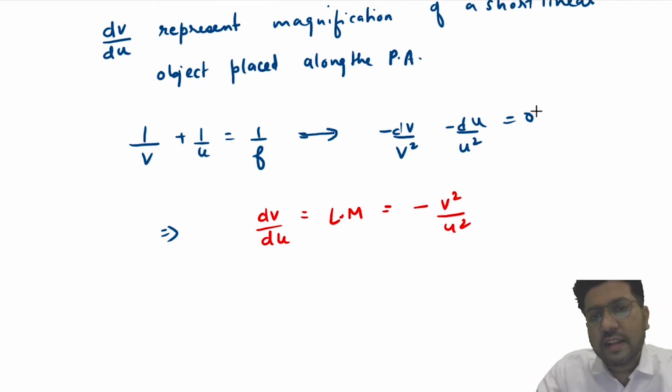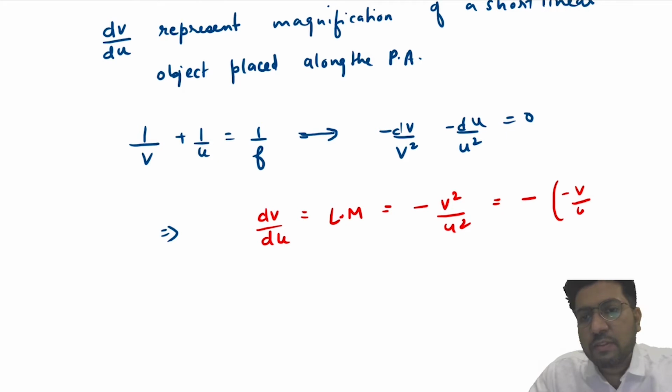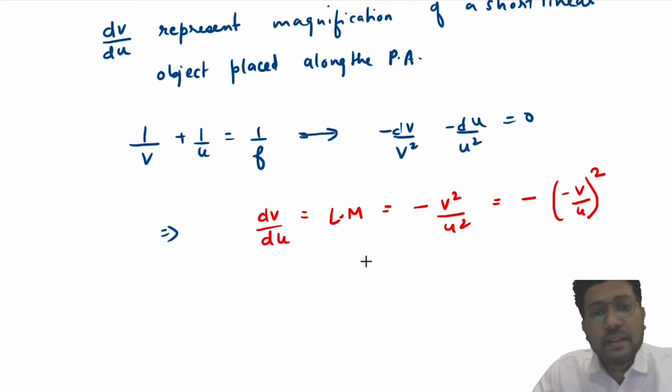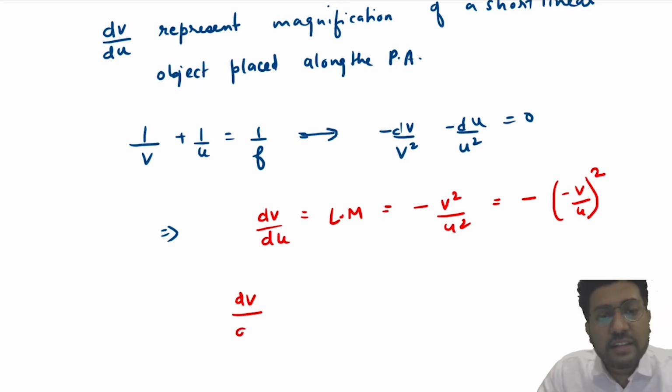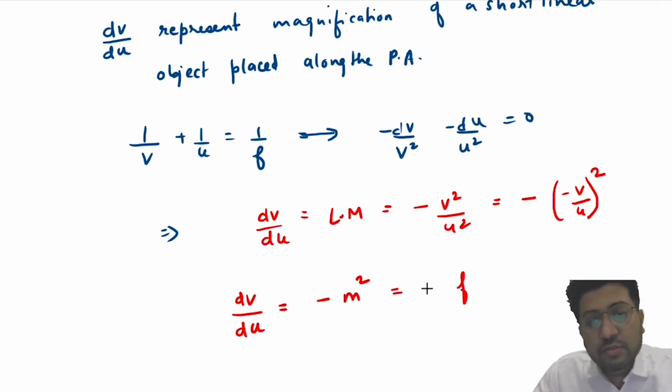Just take this to the right hand side, then bring du to the denominator and v square to the numerator. This can also be written as minus of v by u whole square. But minus of v by u is m. So you can also write dv by du is equal to minus m square. m can also be written as f by f minus u, so minus of f by f minus u whole square.